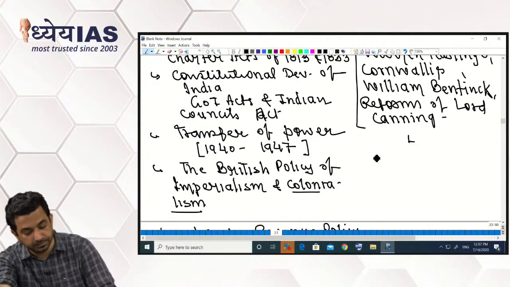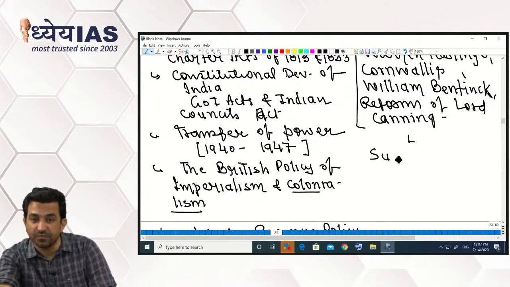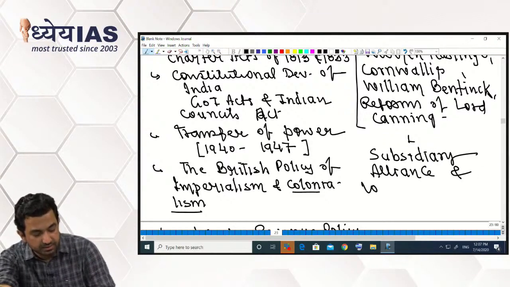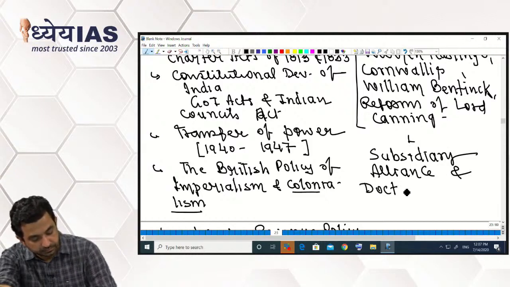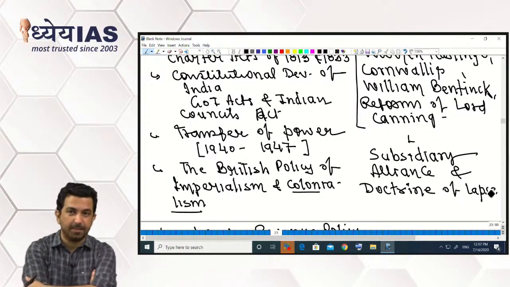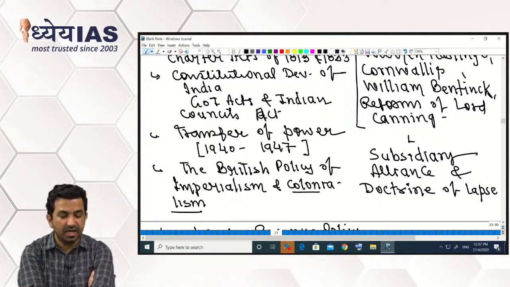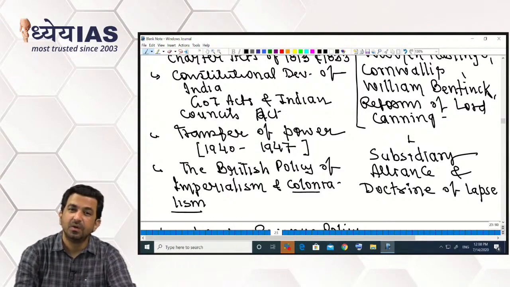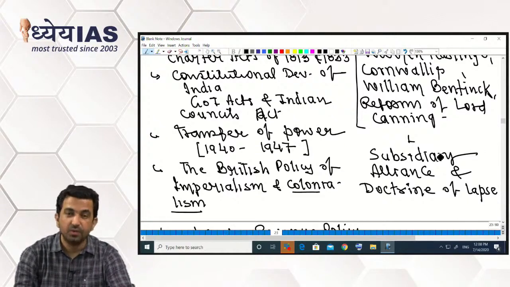And there are other systems of exploitation like subsidiary alliance and doctrine of lapse policy. Who is known for subsidiary alliance? Lord Wellesley, and Lord Dalhousie is known for doctrine of lapse policy.